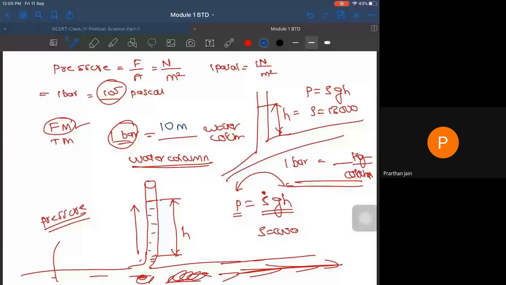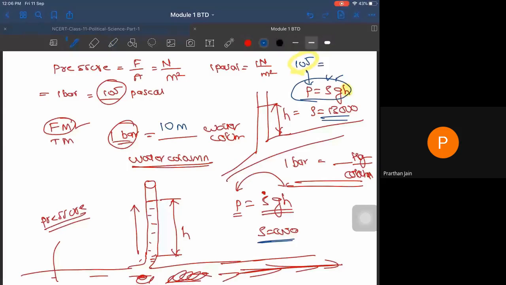You can calculate using this relation: the pressure, 10 to the power of 5 Newton per meter square, which is 1 bar, equals density, 1,000 and 13,000 for water and mercury respectively, times g, times h. Since you know the density, you can easily calculate the height of the column to read 1 bar. In terms of water column you get 10 meters, and in terms of mercury column you get around 76 centimeters.